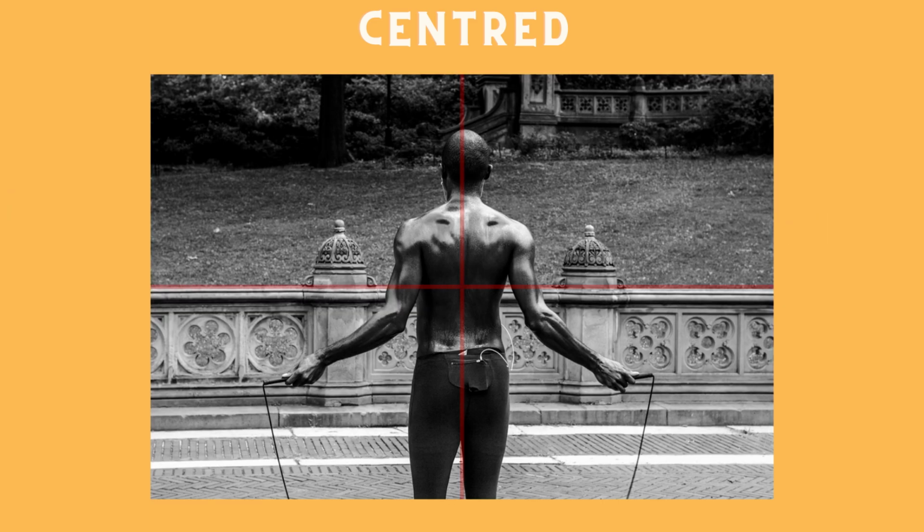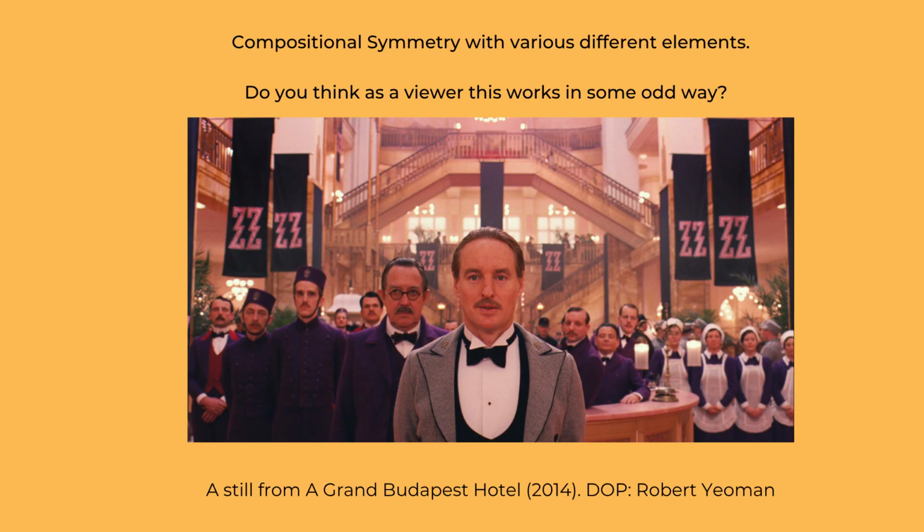So it is incredibly aesthetically pleasing because it offers a simpler arrangement of all elements within the borders of your frame. This particular frame is captured by cinematographer Robert Newman. When you look at this image with the level of precise compositional symmetry across various elements, it forces you to think about how it works on the viewer's eyes in a uniquely captivating, almost odd way.